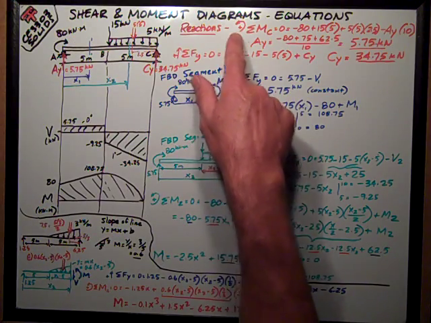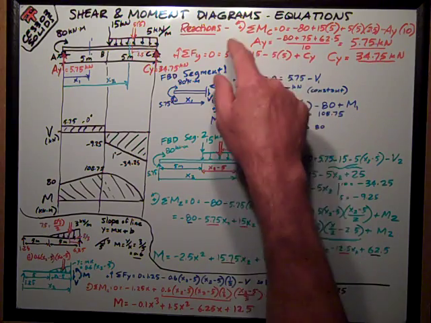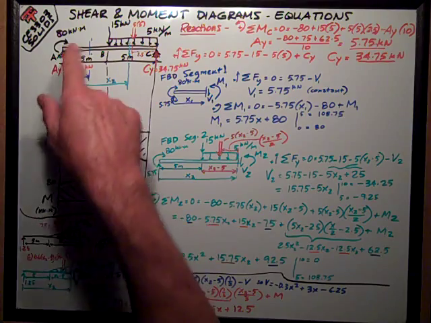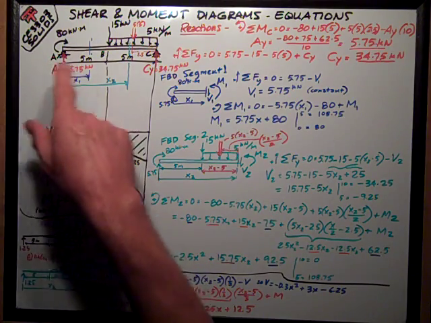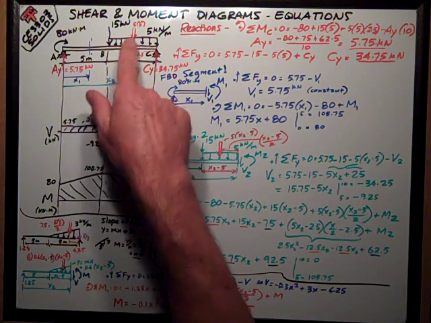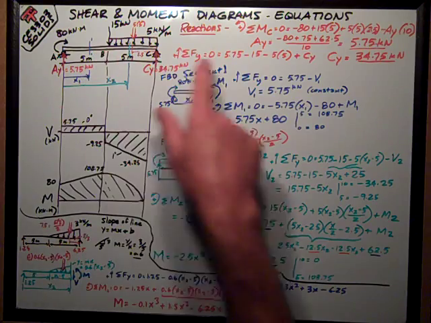So my sum of moments equation, taking moments about point C, sum is 0, counterclockwise is positive, is equal to negative 80, because it's in the clockwise direction, plus 15 times 5, which is the moment arm. 15 is the force.